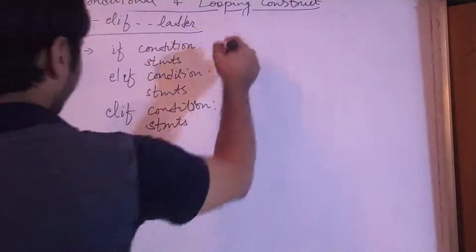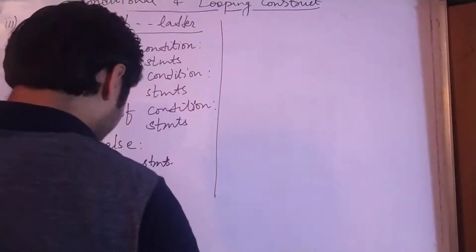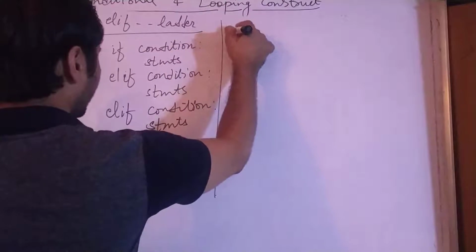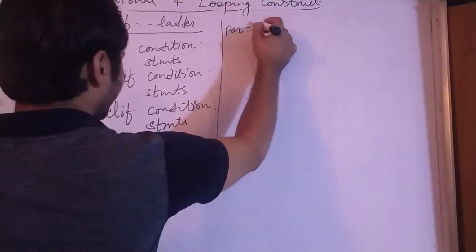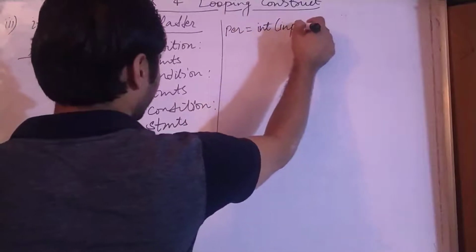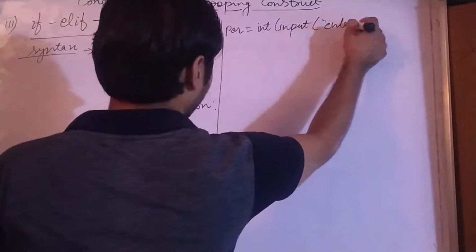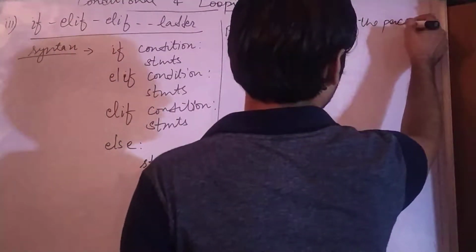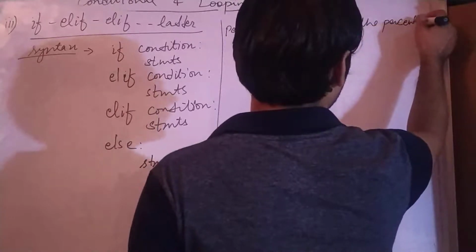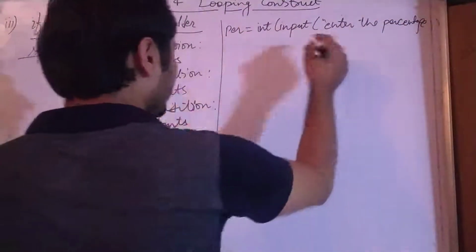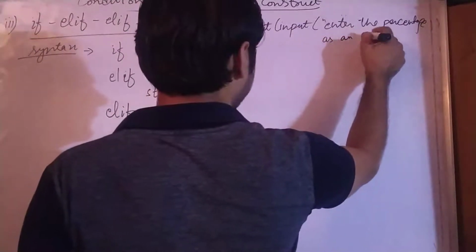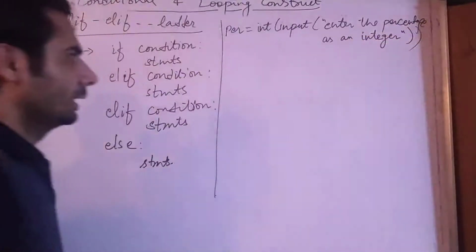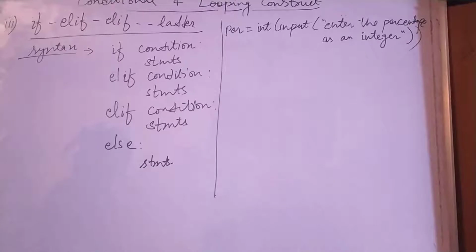Okay, you enter the student's percentage here, like percent equals to integer input, enter the percent as an integer. It means I just write the statement, enter the percentage as an integer.